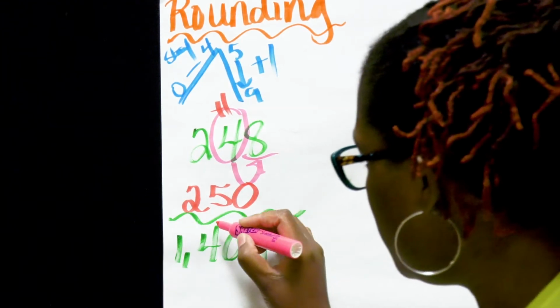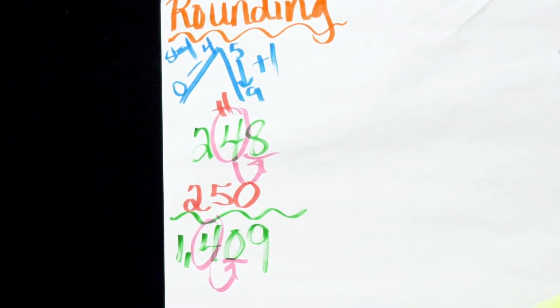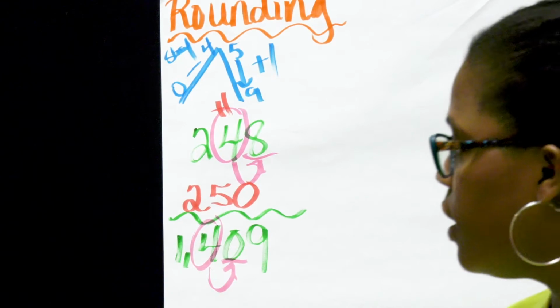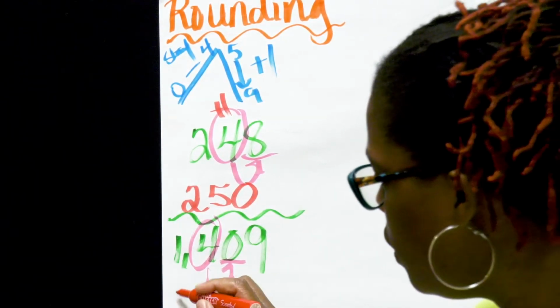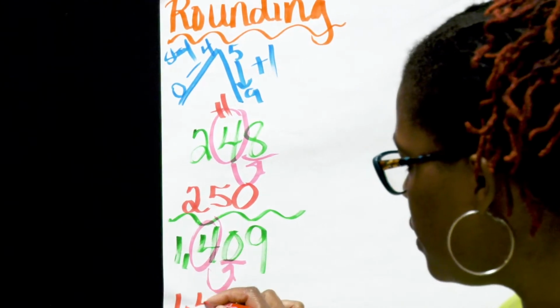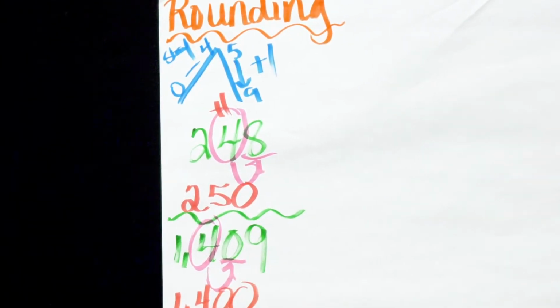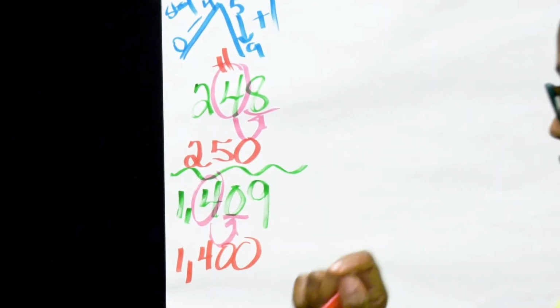So circle that digit, move to the right, underline. What does the 0 tell you to do? Look at your rounding triangle. The 0 tells you to stay the same. Any numbers in front of my circle digit come down, directly down, bring it down, the 1. The 4 stays the same. Any numbers after my circle digit turn into a 0. So 1,409 rounded to the nearest hundreds is 1,400.